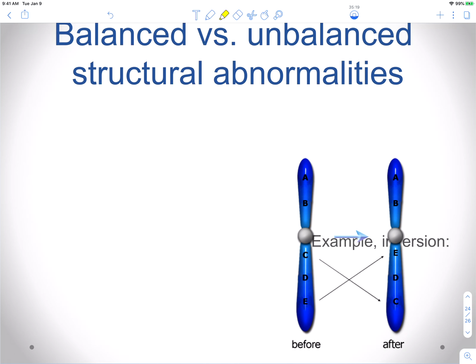So for balanced versus unbalanced, a balanced insertion is of one segment of one chromosome into a non-homologous other chromosome, and again, it depends on your coding versus non-coding and whether or not you are impacting genes.